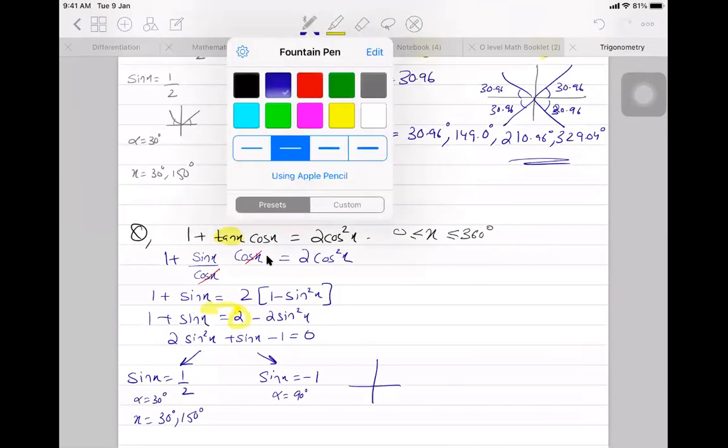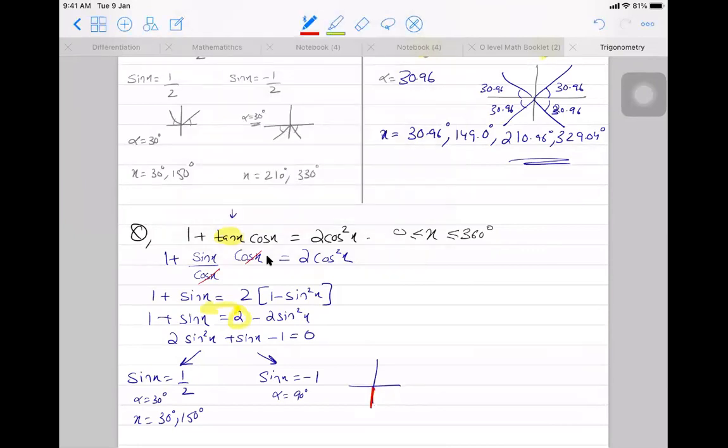Where is sin x negative? Between the third and the fourth quadrant, and the basic angle should be 90 degrees. So the correct angle is going to be 270 degrees. So these are the three angles.